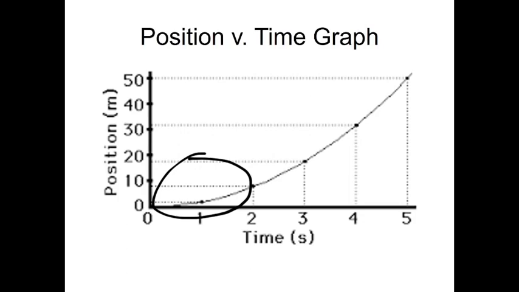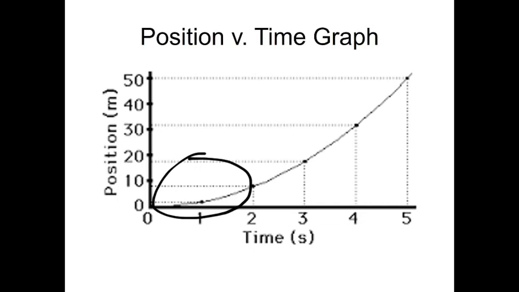But as we move toward the right, our curve is getting steeper and steeper and steeper. Remember, on a position time graph, slope represents average velocity. So over time, the slope is getting higher and higher. That means with time, our velocity is increasing.